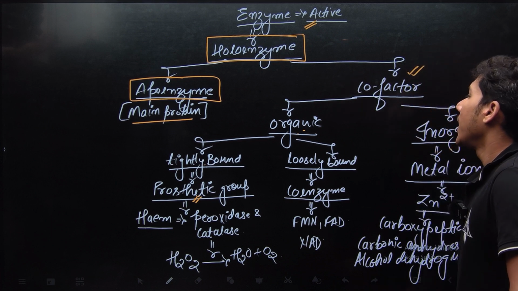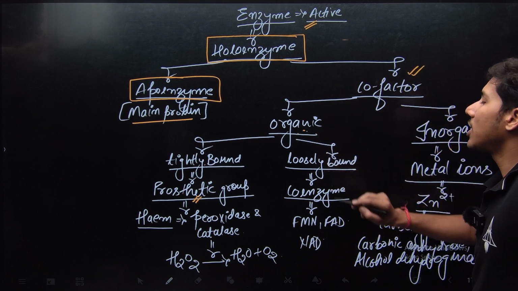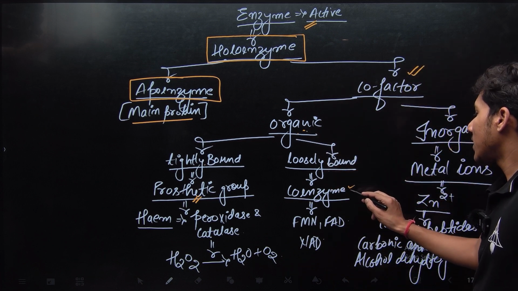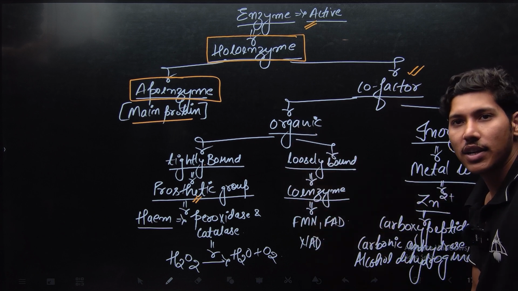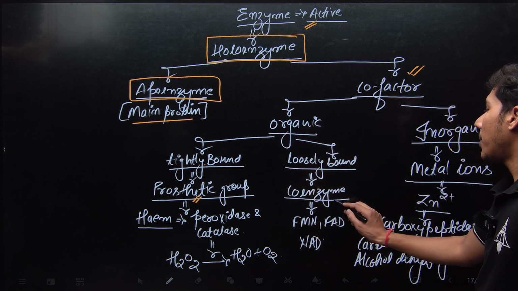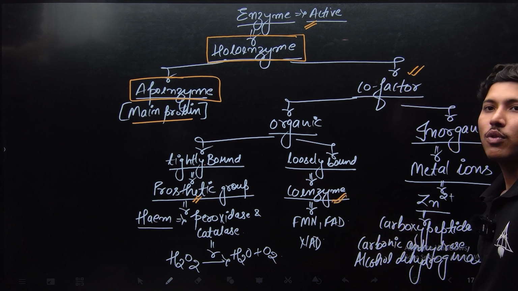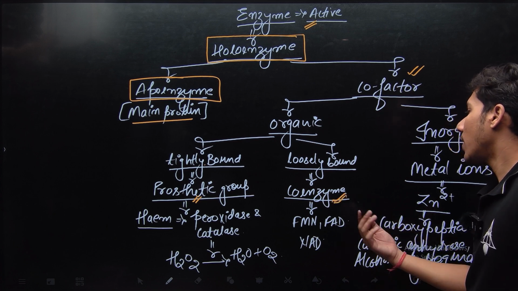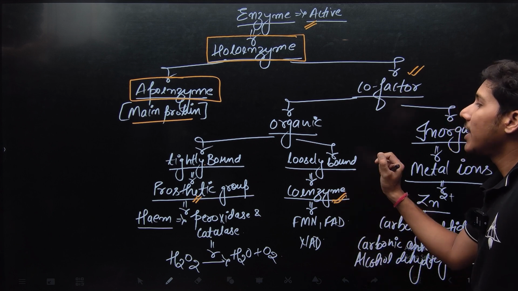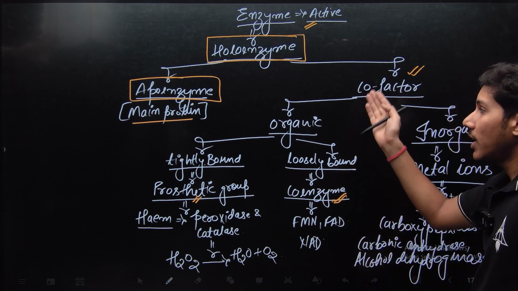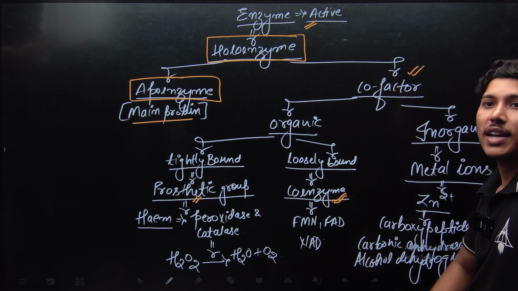If the organic compound is loosely bound to the enzyme, then it is known as a coenzyme. Many of the vitamins that you take from outside come under the category of coenzymes. So now you can understand why vitamins are important: they act as micronutrients, and one of their functions is to activate enzymes.